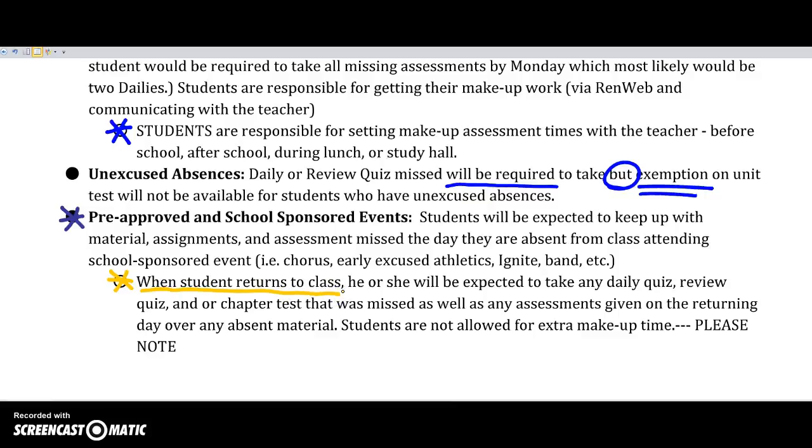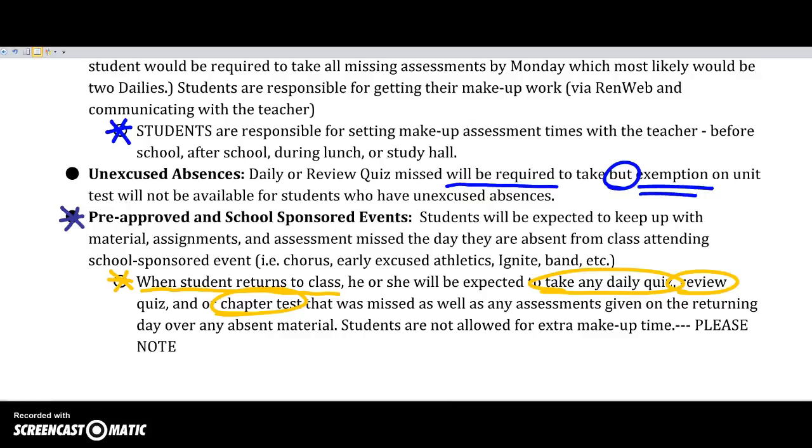He or she will be expected to take any daily quizzes, review quizzes, or chapter tests that were missed, as well as any assignments or assessments given on the returning day or any absent material. Students will not be allowed extra makeup time.